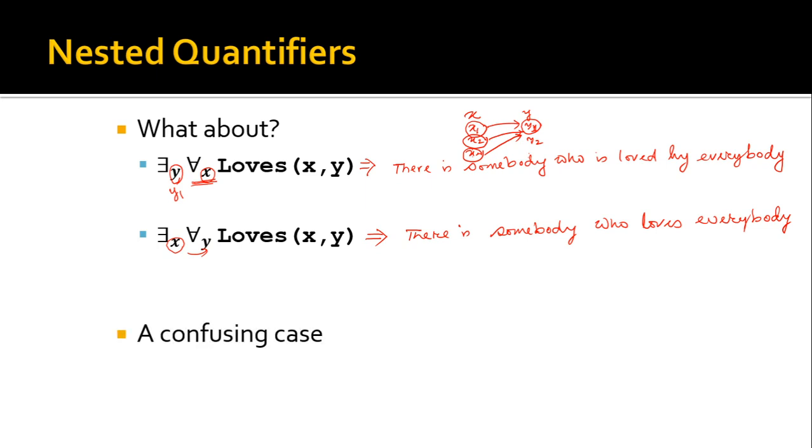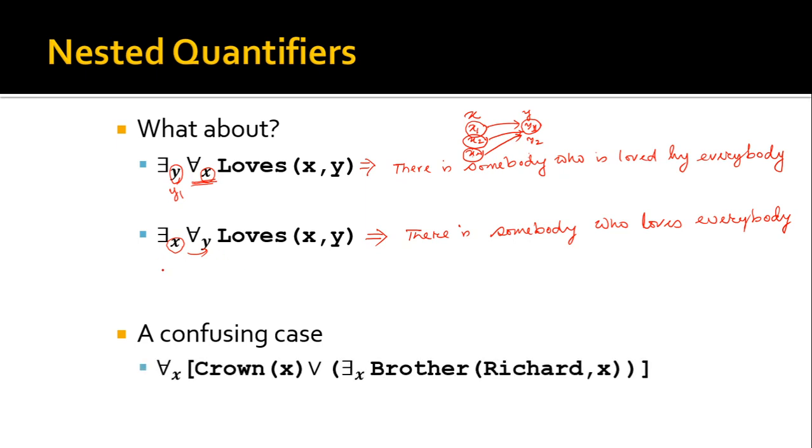Now there can be a confusing case like this. So you have for all x, crown x, or there exists x, brother Richard x.